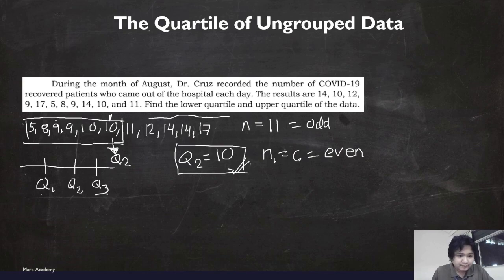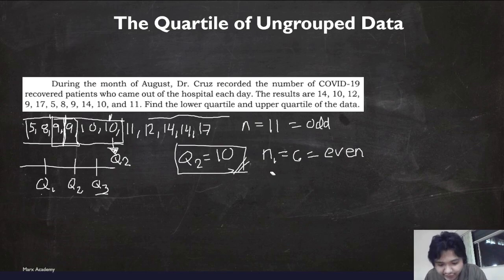If we locate the middle here, 1, 2, 3, then 1, 2, 3, our middle is between these two data, which are 9 and 9.